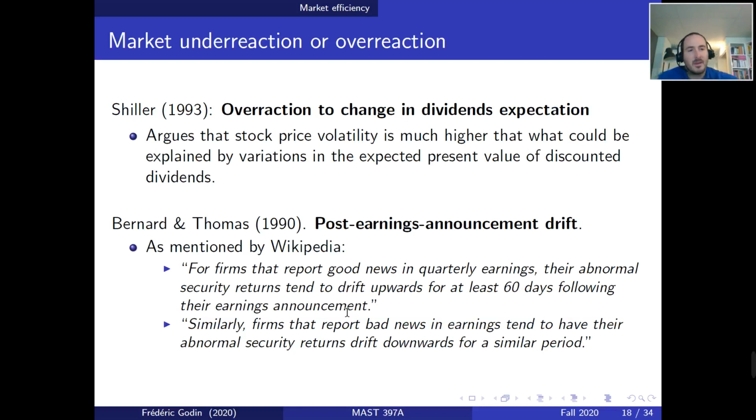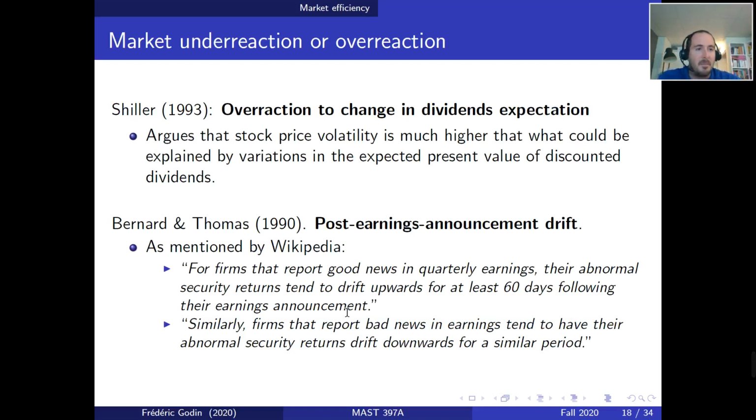So this says that there was a tendency, at least in the data set used by Bernard and Thomas, for when good earnings are reported by a company, instead of having a swift adjustment of the stock price and then behavior according to a random walk, there was a small adjustment of the price, and then the price continued drifting up for 60 days after good earnings were announced.